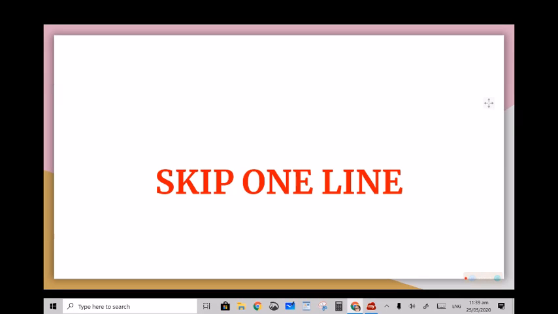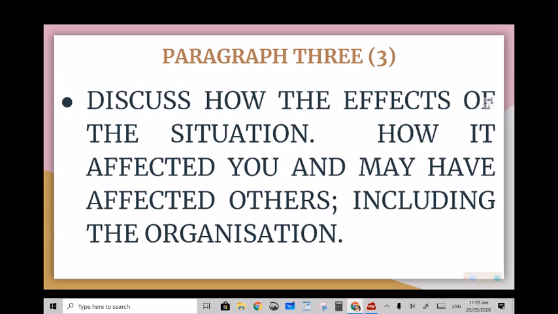Again, you skip one line because you are moving to another paragraph, which is paragraph 3. Discuss the effects of the situation, how it affected you and may have affected others, including the organization.